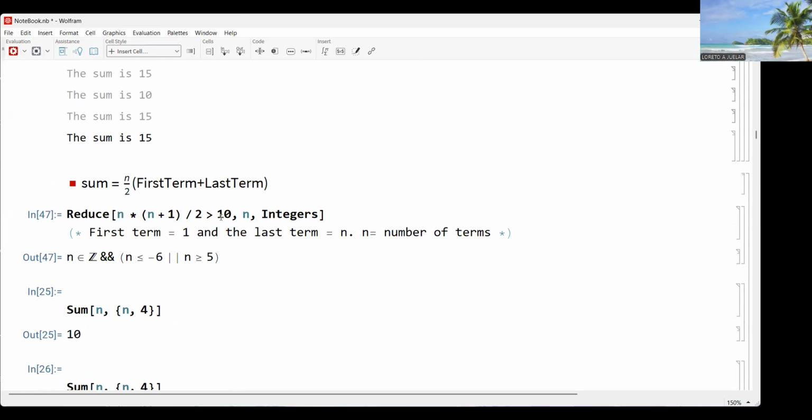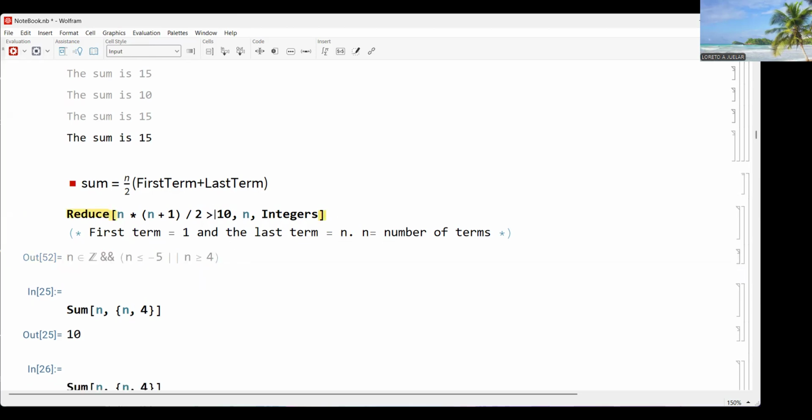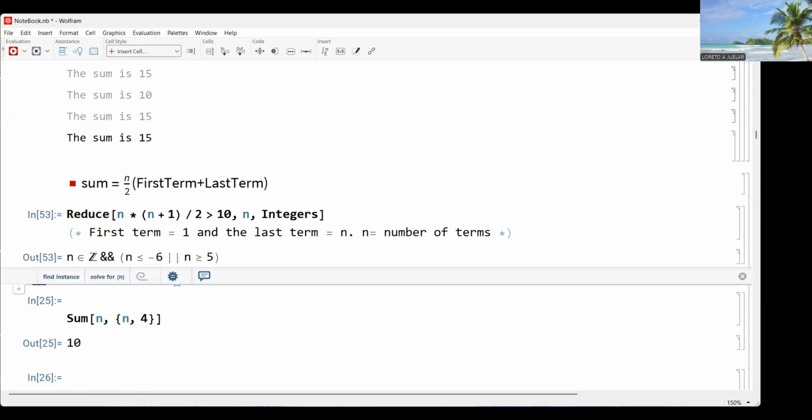So if it is greater than or equal to 10, then it becomes 4 only. This one becomes 4 at the equal sign here. But if you remove the equal sign, it becomes 5.